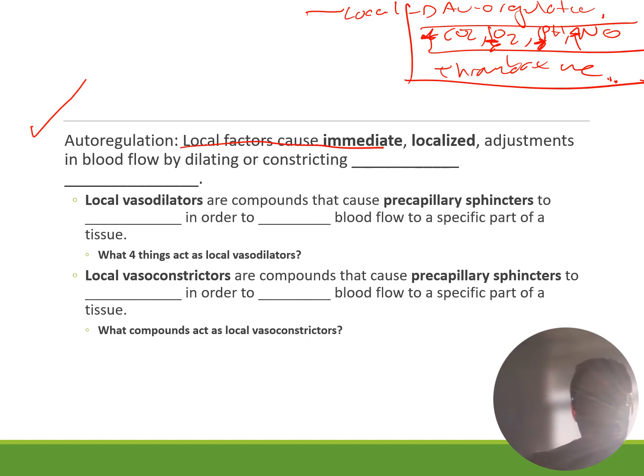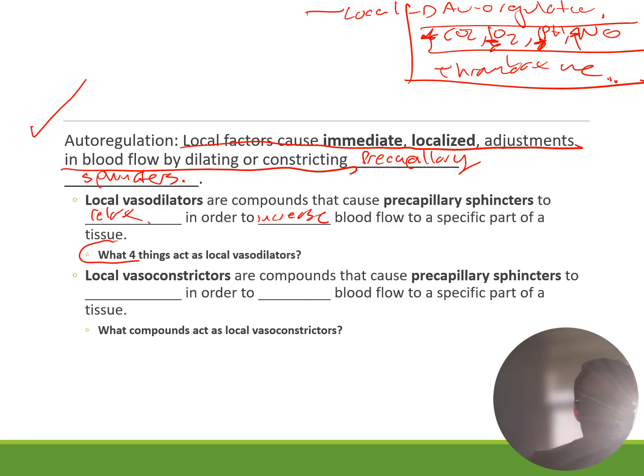All right, and this is because we want to redistribute blood flow. Local factors cause immediate localized adjustments in blood flow by dilating or constricting precapillary sphincters. Local vasodilators are compounds that cause precapillary sphincters to relax in order to increase blood flow to a specific part of a tissue.